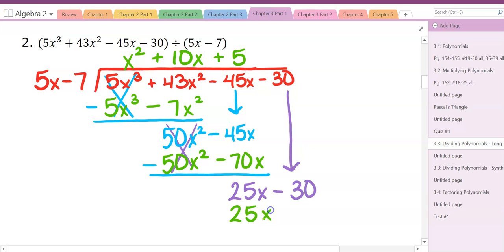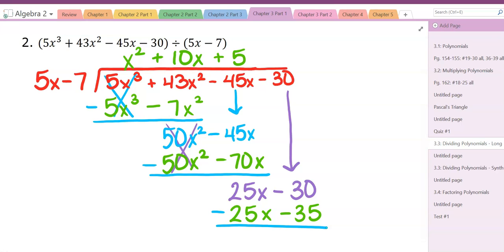So I've got 25x minus 35. We subtract once more. So 25x minus 25x is gone. -30 minus -35, or -30 plus 35 is going to be what? 5. And that's my remainder.